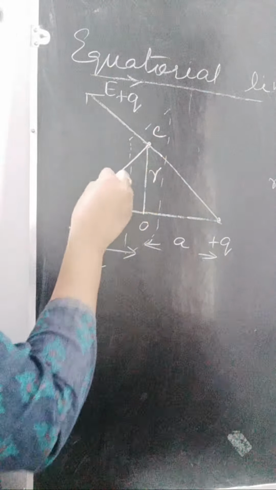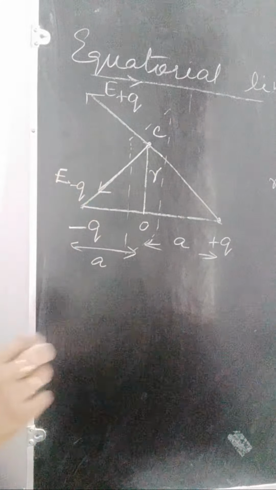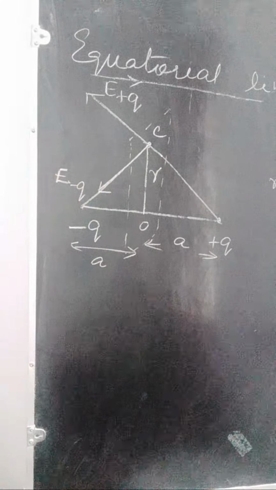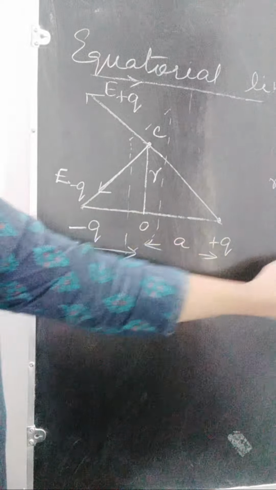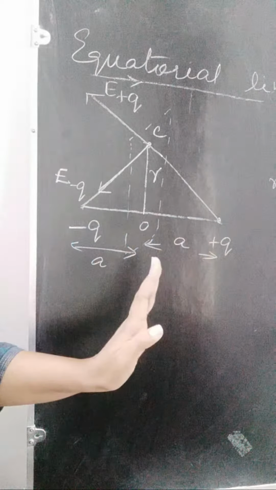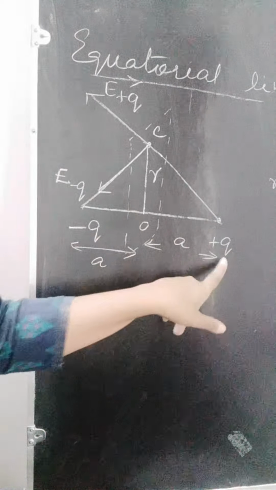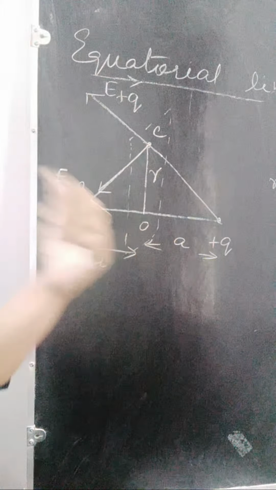So this is towards, E minus Q. Yes? What we did there is the same thing. There we drew the electric field lines away from the charge and towards the charge, E plus Q and E minus Q. Here also the same thing. If it is a positive charge, away from the point. If it is a negative charge, towards the point.